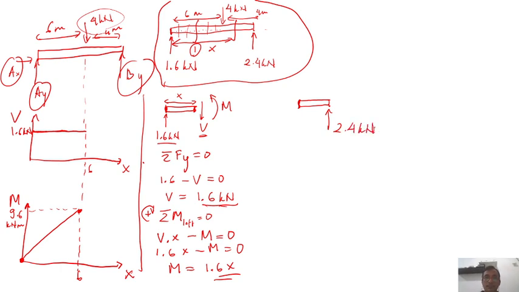I try to see the right free body diagram for this particular cut. The distance here will not be x because x is from the left side to the cut. Because the total distance is 10 meters, the distance here is supposed to be 10 meters minus x.